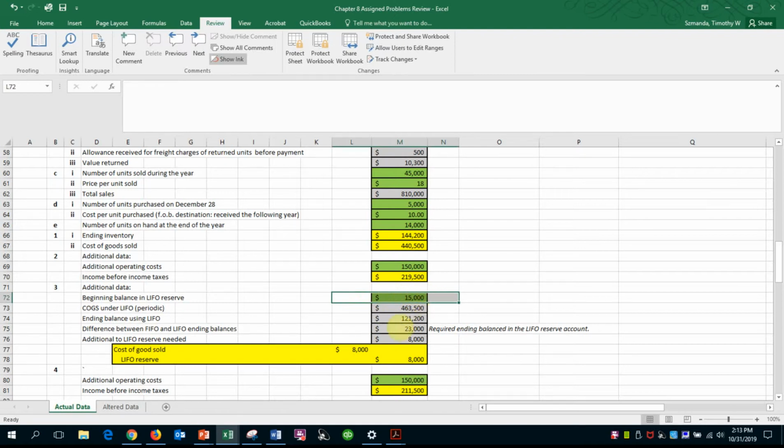So if we're supposed to have a final balance of $23,000, which again is the difference between the two methods, and we started with 15, then we only need an $8,000 adjustment, the difference between $23,000 and $15,000. So we'll debit the additional cost of goods sold, and then we will credit this contra inventory account we call LIFO reserve.